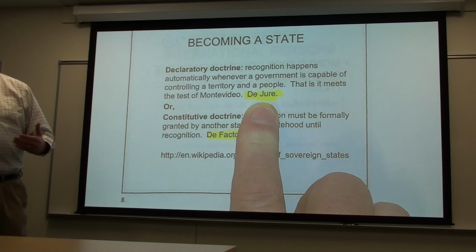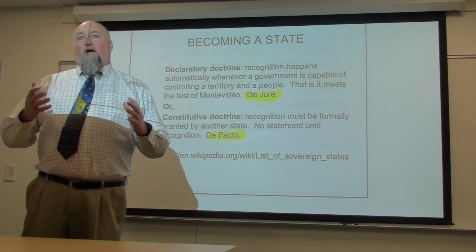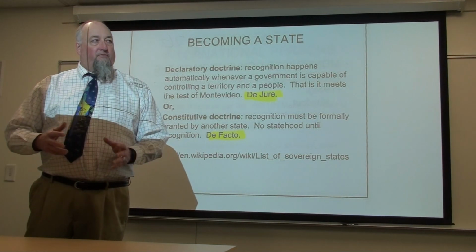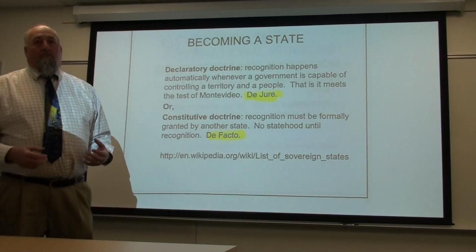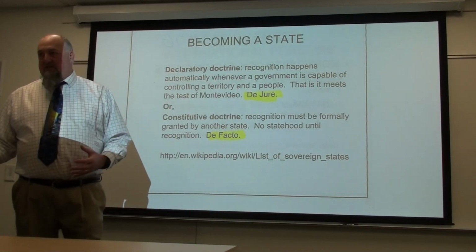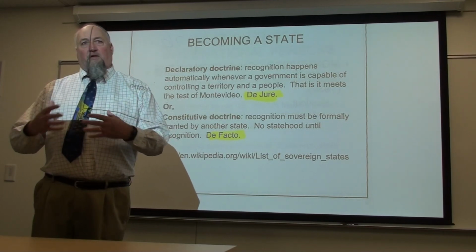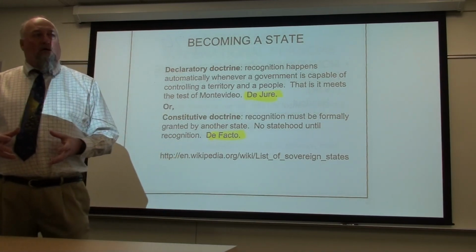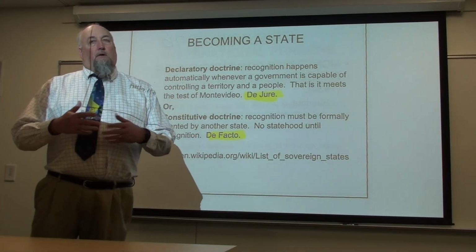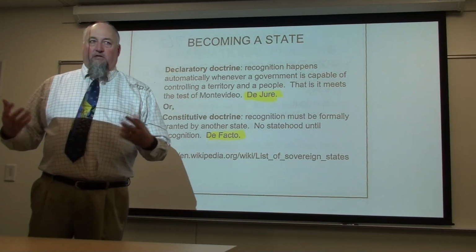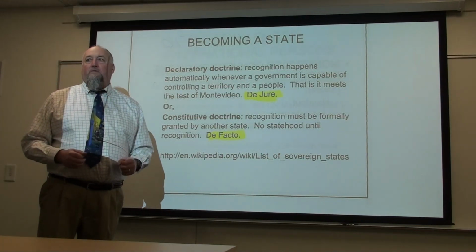And this is a phrase that means that, in the case of a state, the territory meets that four-part test of the Montevideo rules as a matter of law. But we use it not just in international law, it's used domestically. And basically the term de jure means you meet, whatever the case may be, the standard as set by law. The definition is a strict interpretation. You meet the definition of whatever the legal issue is.